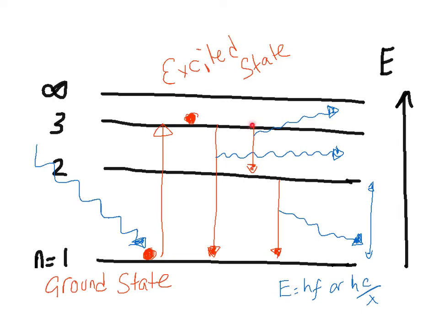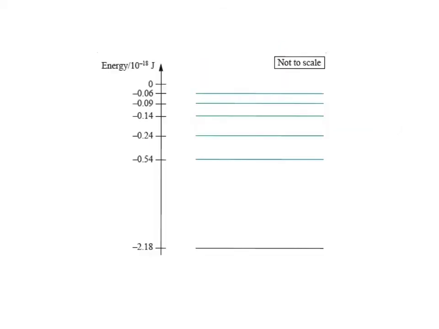Or it could go down from 3 to 2 and from 2 to 1. Each time the electron drops down, it has to release some energy in the form of a photon. So you can actually calculate the frequencies and wavelengths of photons and energy levels here.